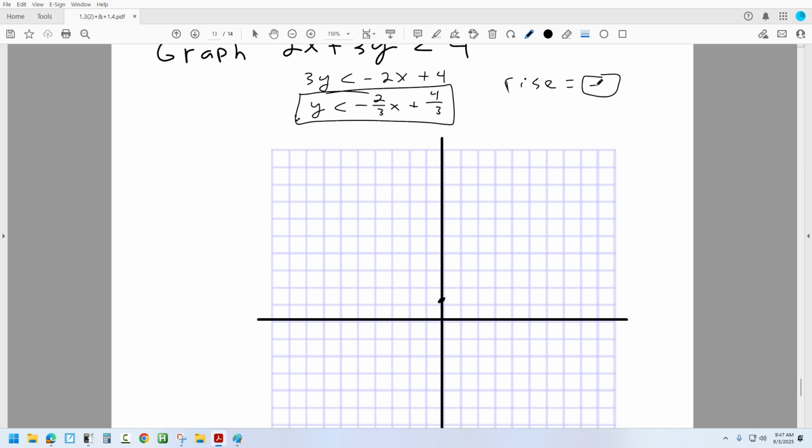Rise and run are always integers if you've written a proper rational number for your slope, which we have. What is it? The rise is -2.